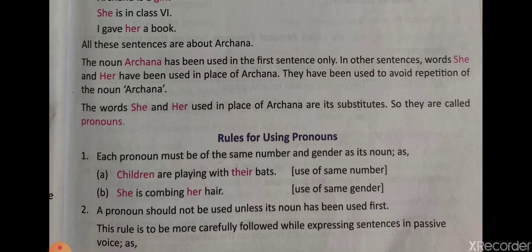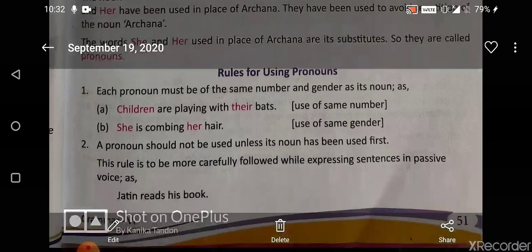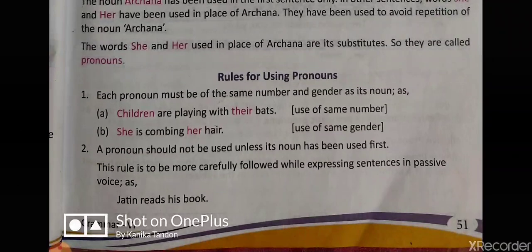We cannot use he first and then use Ram for it. For example, Jatin reads his book. So we cannot say he reads his book. Why? Because if we use he, we cannot identify about whom we are talking. We will know that we are talking about a boy, but which boy in particular, that we won't know.